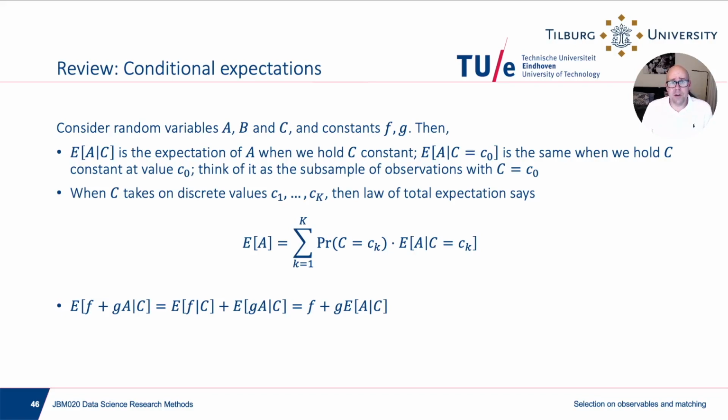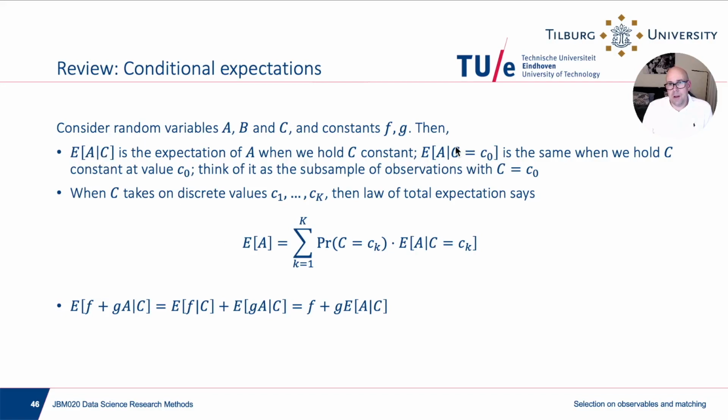So let's start with a review of conditional expectations. Let's say you have three random variables, a, b, and c, and you have two constants, f and g. Then the conditional expectation of a given c is really the expectation of random variable a if c takes on a particular value.